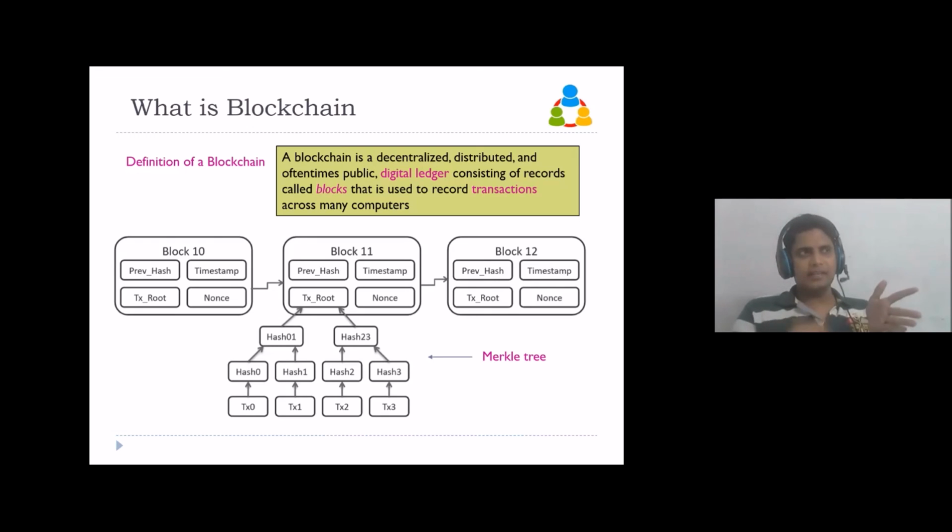I will update, he will update, all the other computers in this world who are connected to that particular network, they will update, and then they will come into an agreement. So that agreement is called consensus.